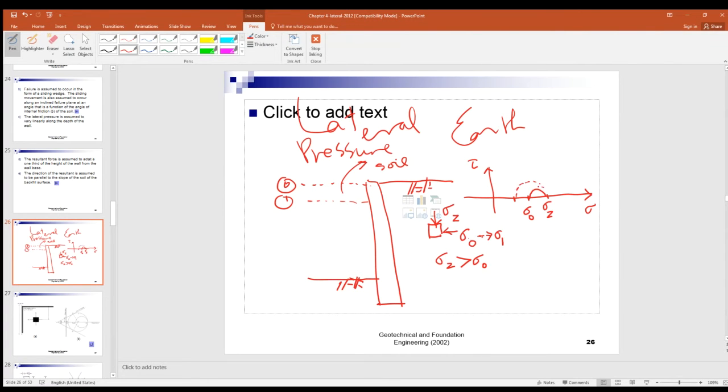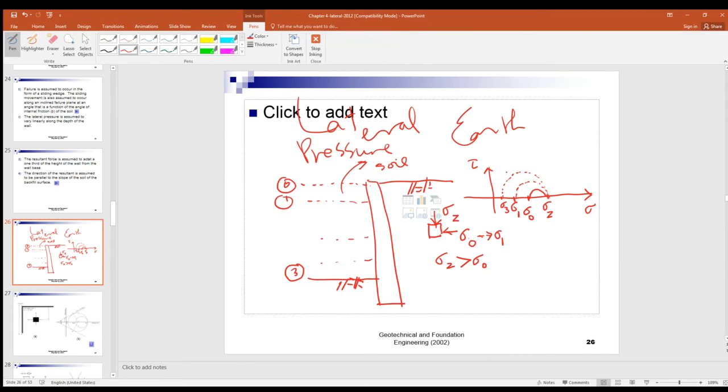So you got this small circle, sigma 1. And then you continue the excavation, okay? Up to here, stage 3. So you got a much smaller sigma 3, right? In other words, you got a greater Mohr circle, because sigma Z remains constant, and the horizontal stress decreases from sigma naught to sigma 3.